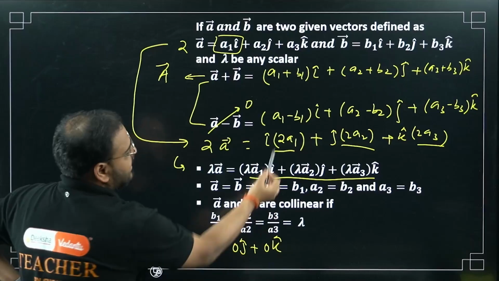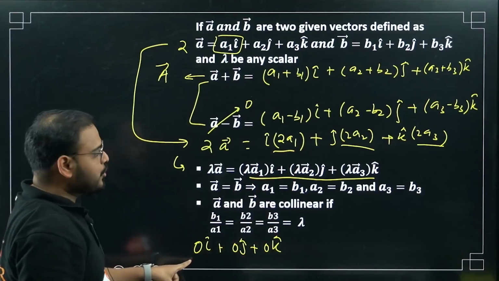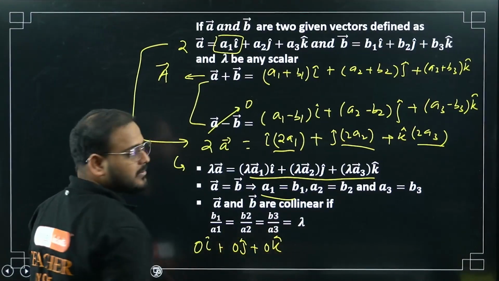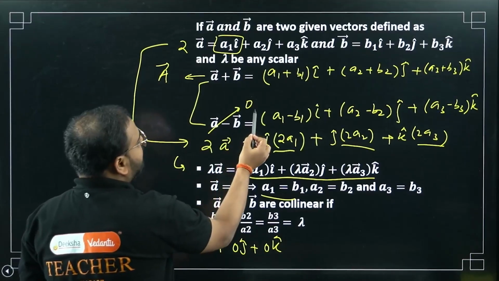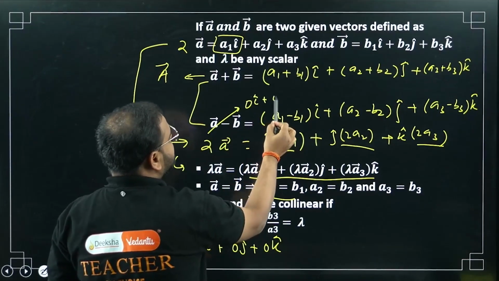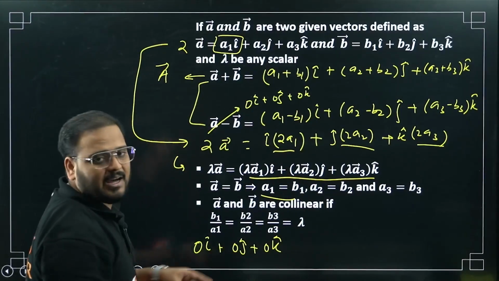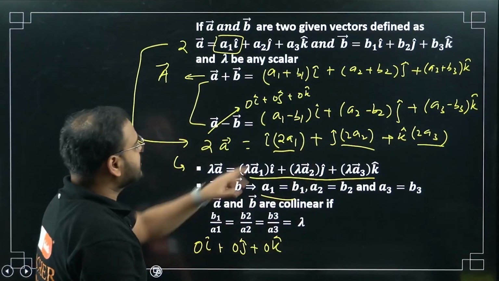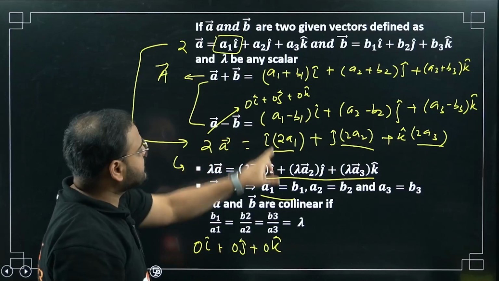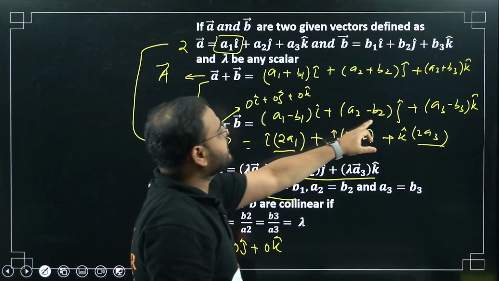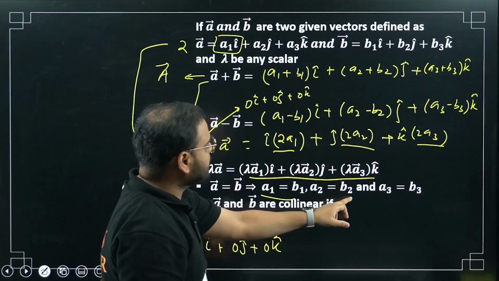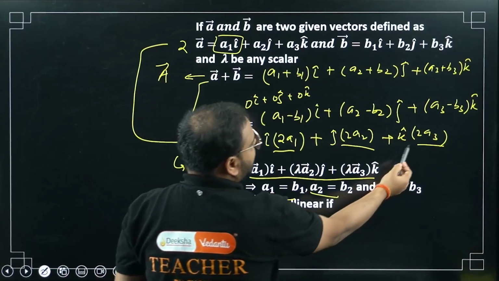It means A1 minus B1 is how much? 0. So what do I get? A1 equals B1. Correct, right? So compare the i cap, j cap, and k cap coefficients. A1 minus B1 is 0, it means A1 equals B1. A2 minus B2 equals 0. It means what? A2 equals B2. Correct? And if A3 minus B3 is equal to what?